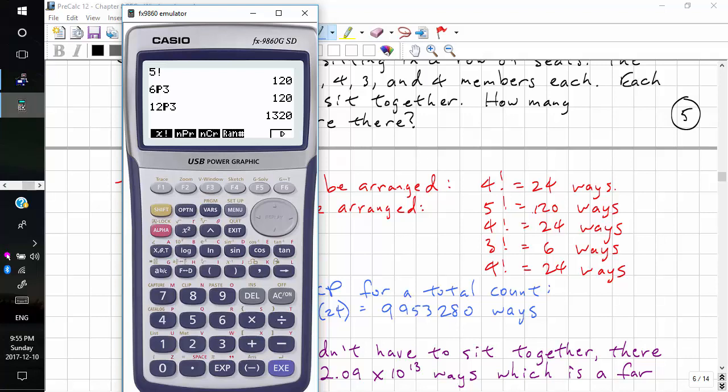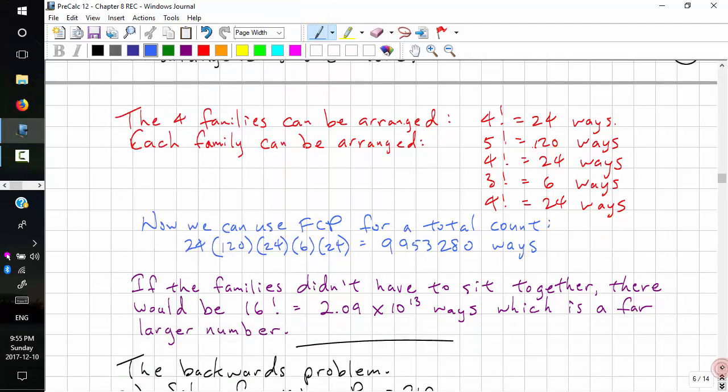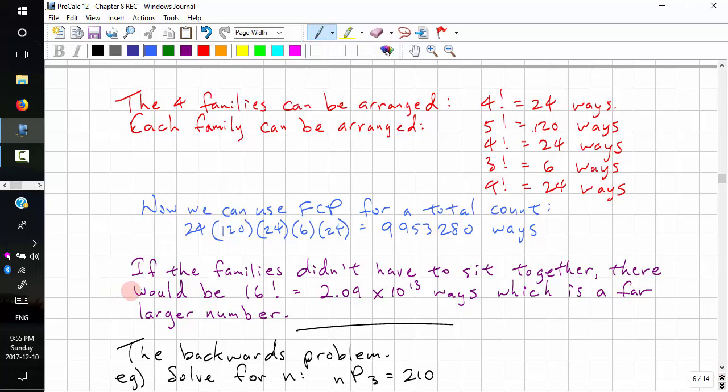Bring up the Casio. 24 times 120 times 24 times 6 times 24. And the answer matches. So note, if the families didn't have to sit together, we have 5 plus 4 plus 3 plus 4.